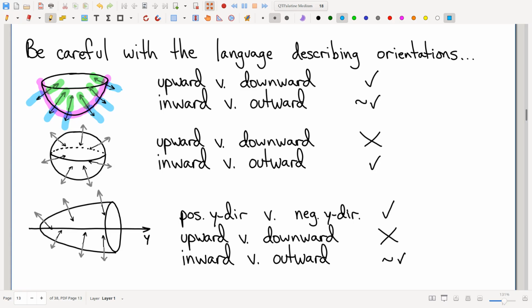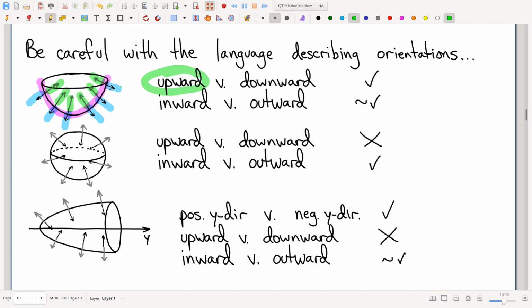And let's talk about how we would distinguish between these two. Do I have to write down an explicit formula for the green or the blue just to make sure that I communicate unambiguously which one I'm talking about? No, I claim you don't, because the green one is the only one that is in any sense upward. It's not perfectly, exactly upward, but it is somewhat upward.